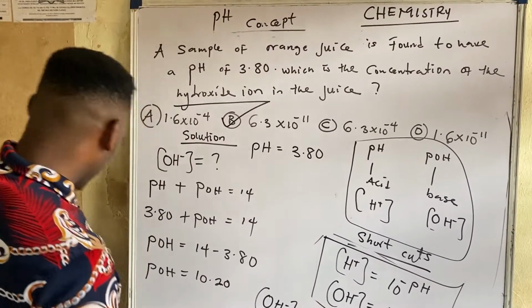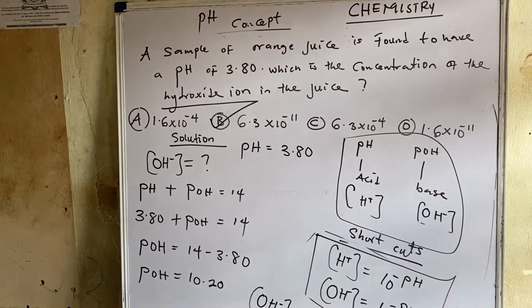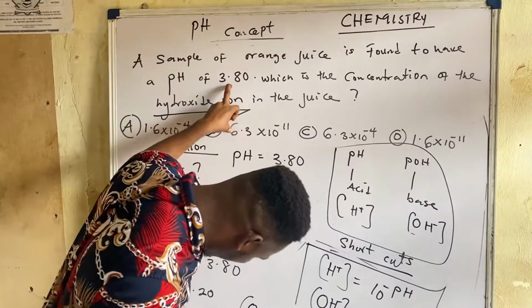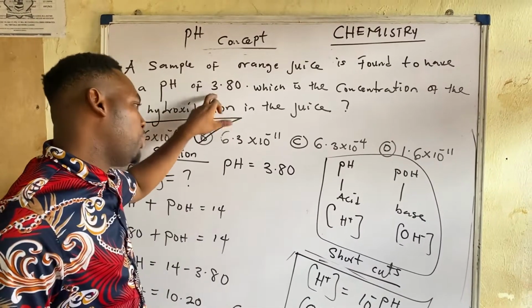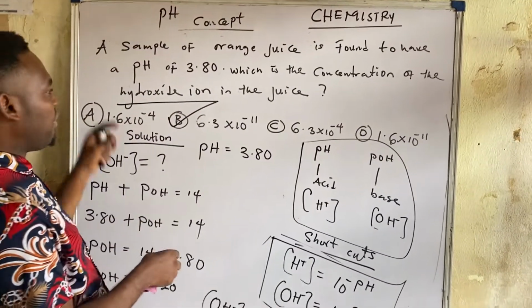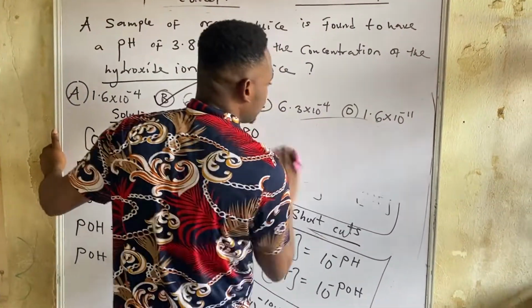All right. We can also use pH to find H plus, then use the H plus to find the OH minus. That's an alternative way of doing this. So if I must do that now, method 2 of solving this question. Method 2.